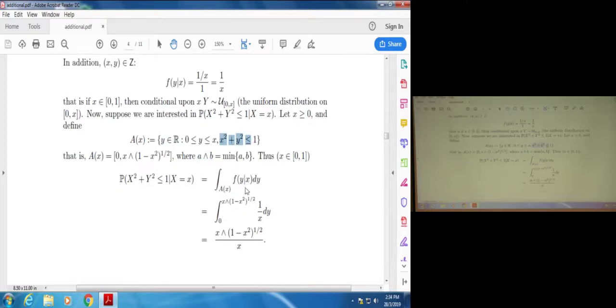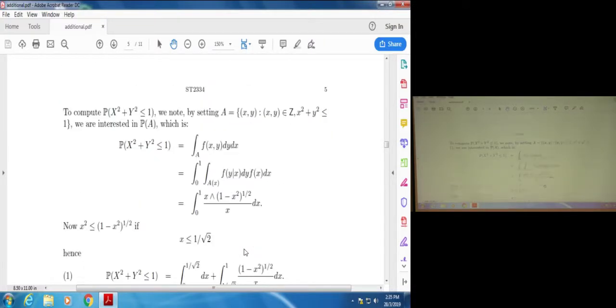This is a simple integral, you don't have to do anything. It is just equal to the minimum of x and the square root of 1 minus x squared, over x. This is a probability, you can check it: if you get x over x, which is 1, and if it's the other one, which is less than x, then this is less than 1.